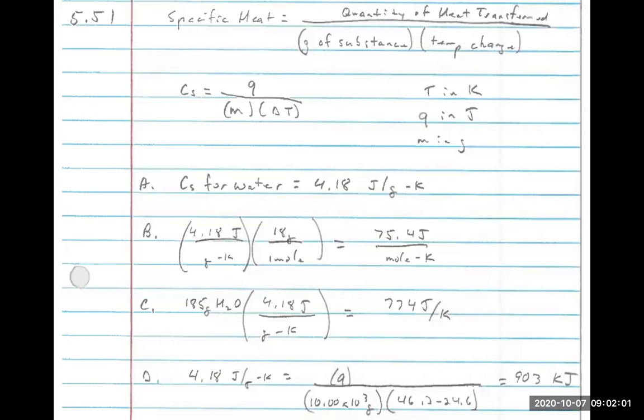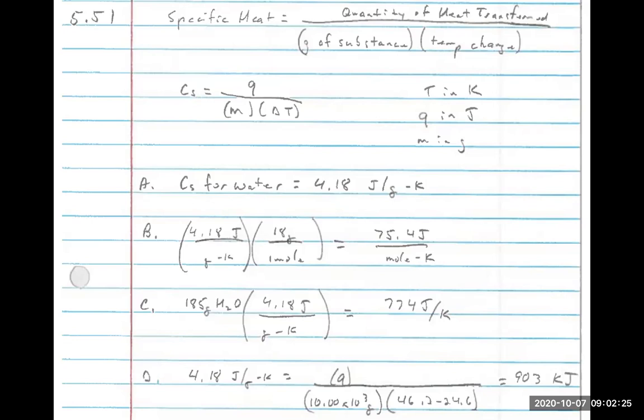So it's kilojoules, but my 4.18 is in joules. What did I leave out here? It doesn't make sense to me. I had joules, but now I'm saying it's in kilojoules. I didn't write it all out, but what did I do here?